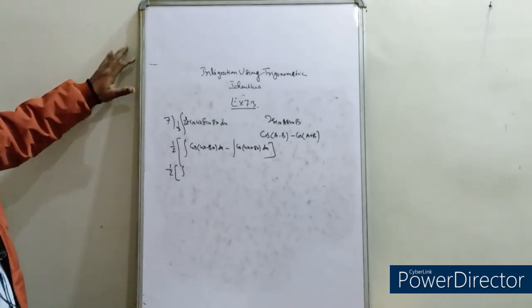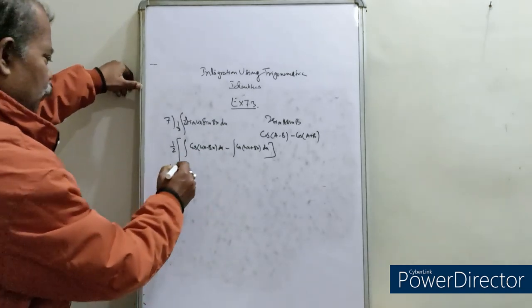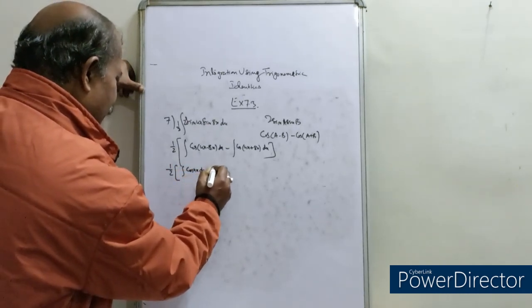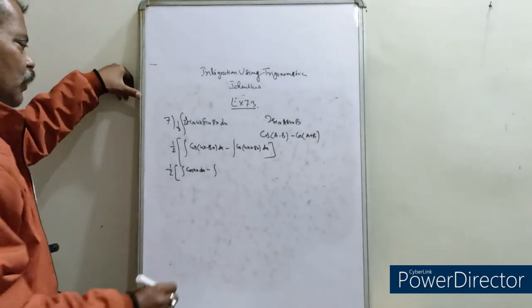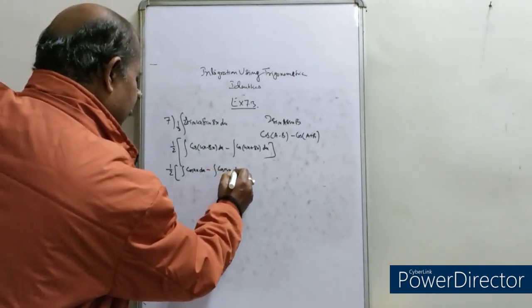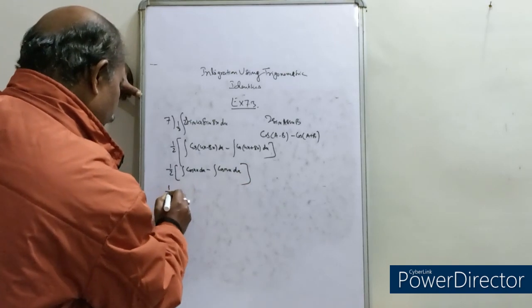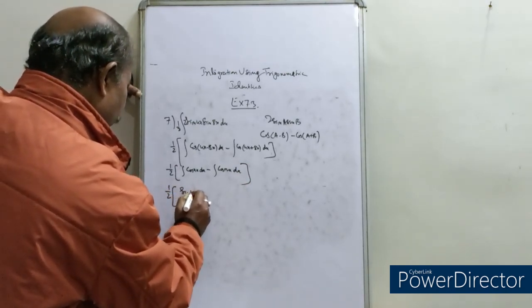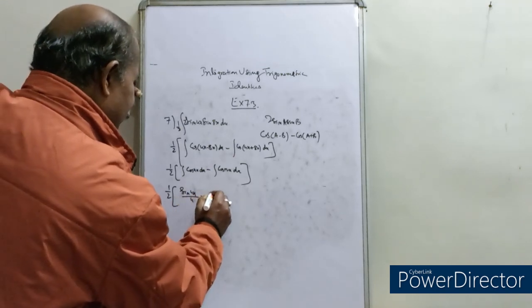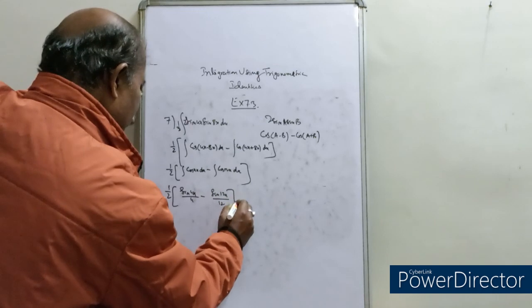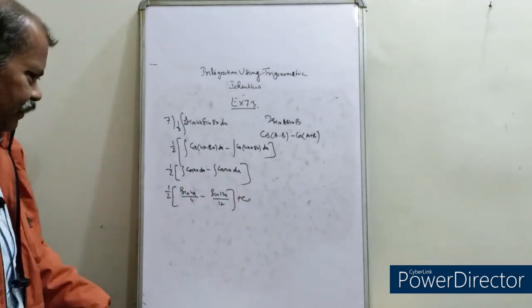You know that cos minus theta is cos theta. So this will be cos 4x dx minus, this is cos 12x dx. So here 1 by 2, this will be sine 4x by 4 minus sine 12x by 12 plus c. So this is your answer.